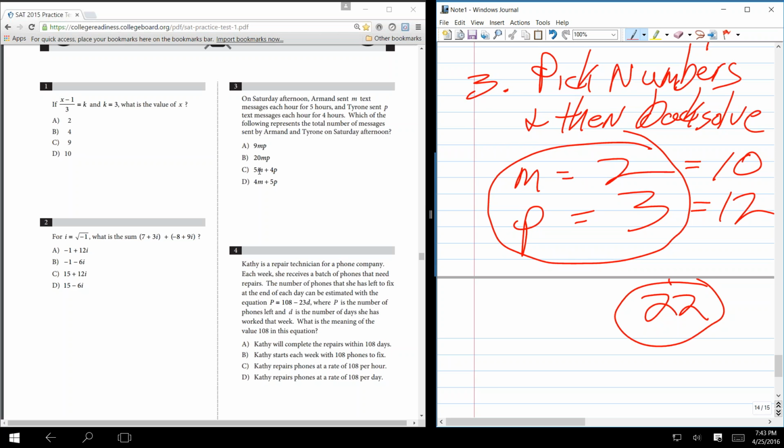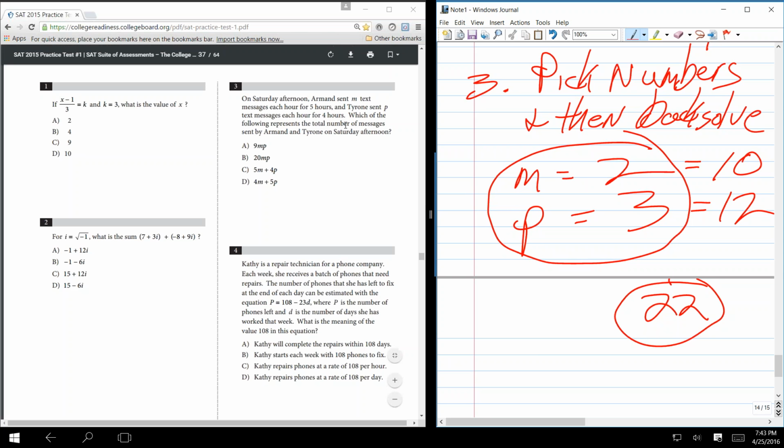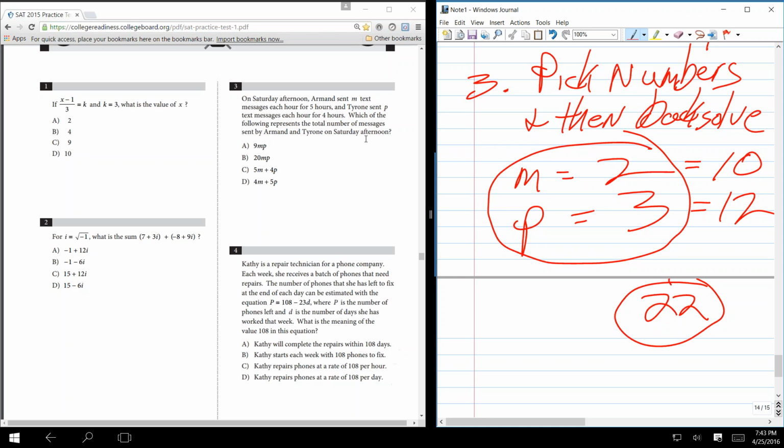Even if we did not know how to formulate it, by picking numbers for these variables, notice that they haven't told you what M and P are. And whenever you see a problem like that, where they give you variables and they don't tell you what they are, and then all of the answers have variables in them, you can use this technique.